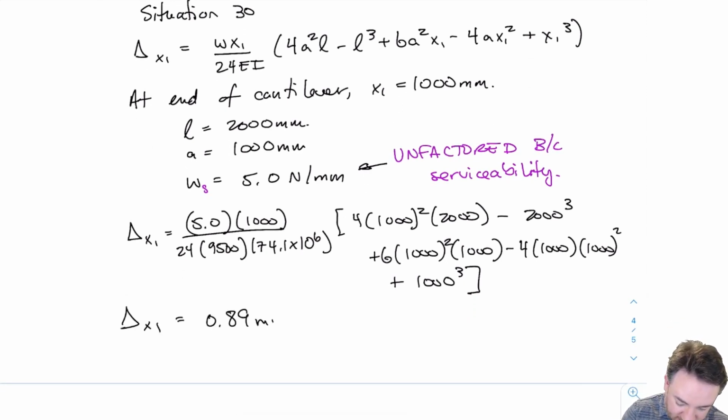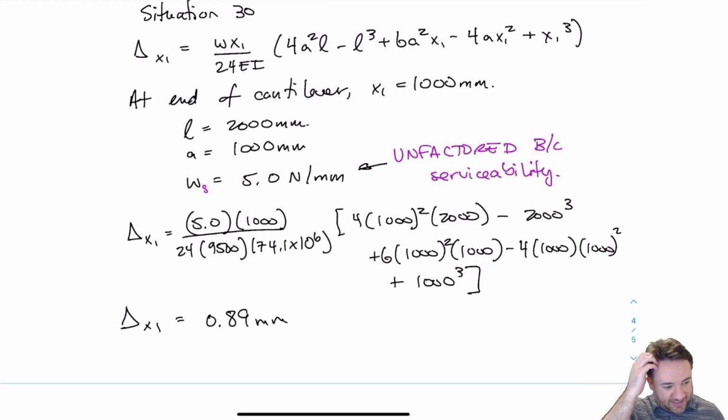In fact, I was so nervous that I was going to make a mistake in this calculation that I double checked it in the computer. So probably would have been easier just to do it in the computer, in fact, if you have a structural analysis program handy. And I get my deflection is 0.89 millimeters, and that's at the end of the cantilever. So I have basically almost a 1 millimeter deflection there.